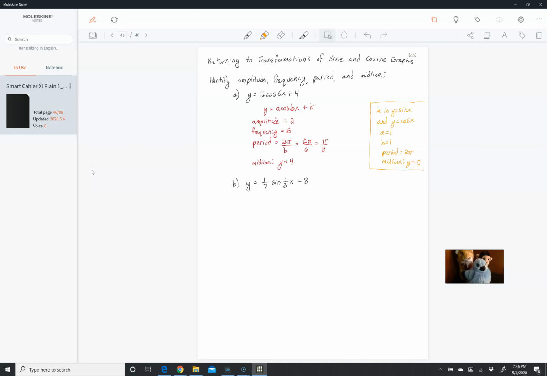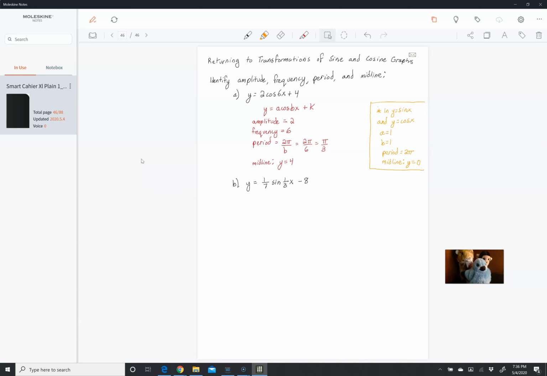All it means is that things are getting smaller instead of bigger. Let's identify everything. Notice we use sine instead of cosine. That's fine. The reason we only use sine and cosine is because they are waves, and waves have amplitude, frequency, and period. Whereas think about the tangent, it's not a wave, so we wouldn't describe an amplitude.